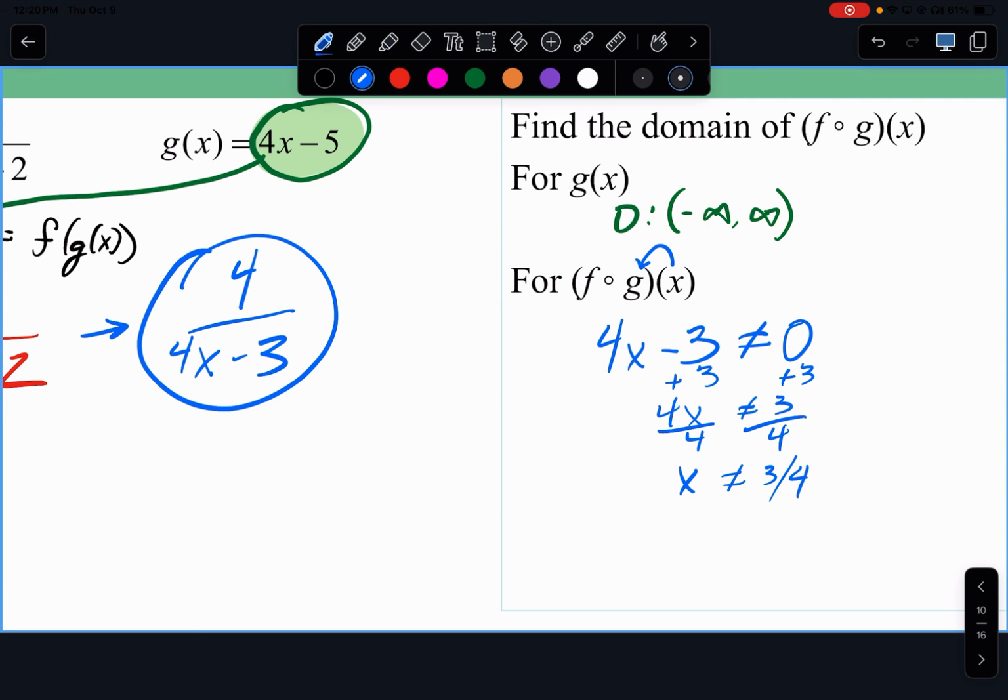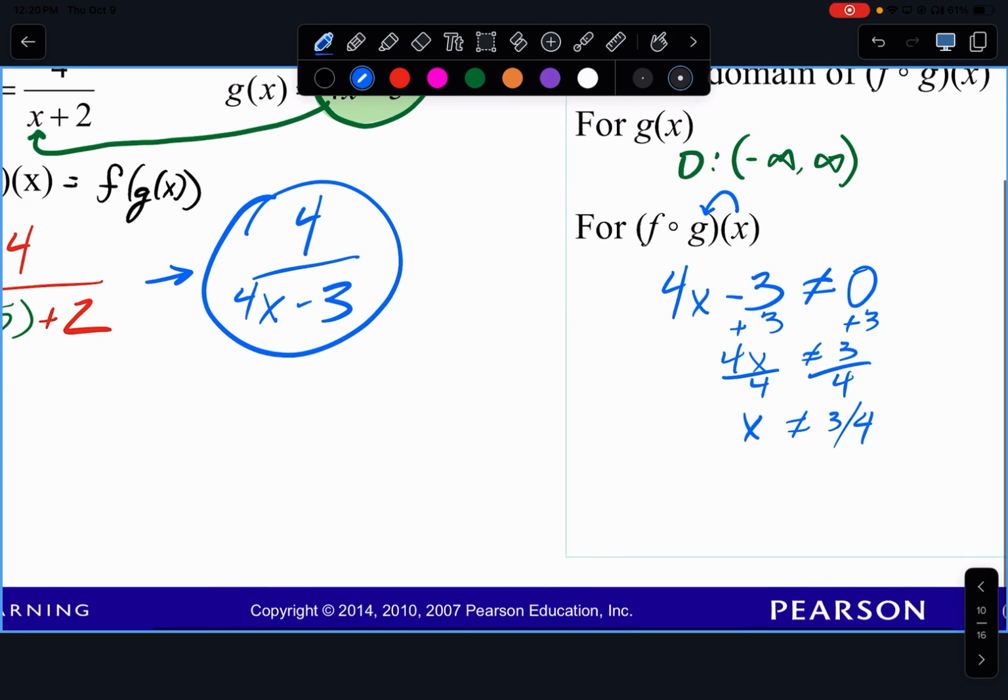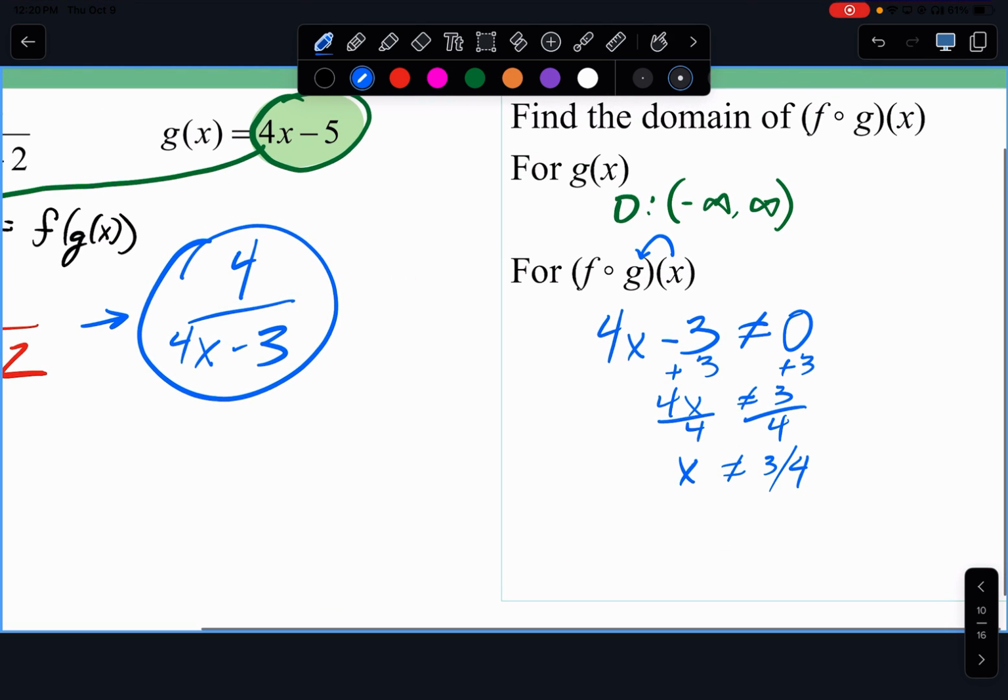But we want to write that in interval notation like we started practicing yesterday. This is where we're going to use our unions. So our train takes off from where? Negative infinity. We're pretty much always, when we do this, going to start with negative infinity. And it has to stop at 3/4.